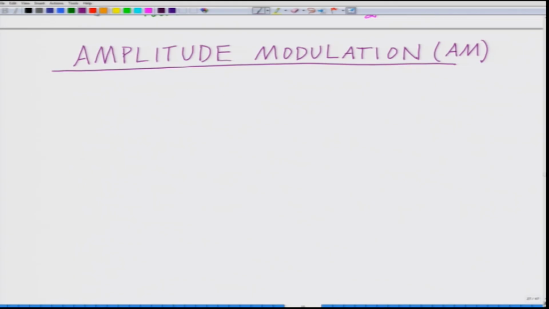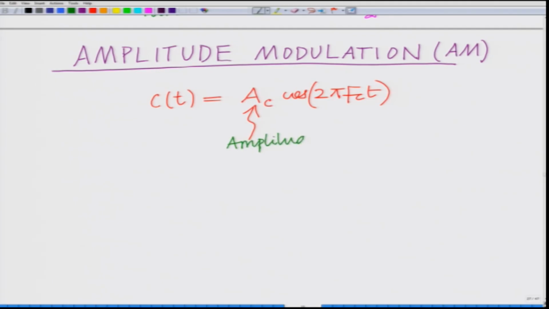Let us denote this carrier signal by c(t), which is Ac cosine 2 pi fc t.